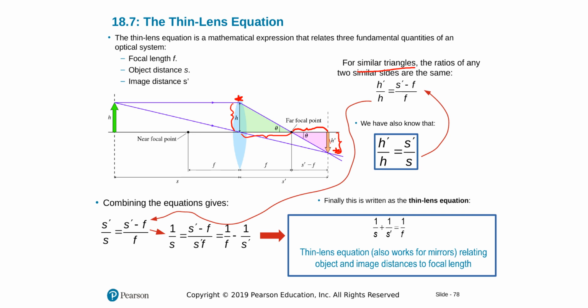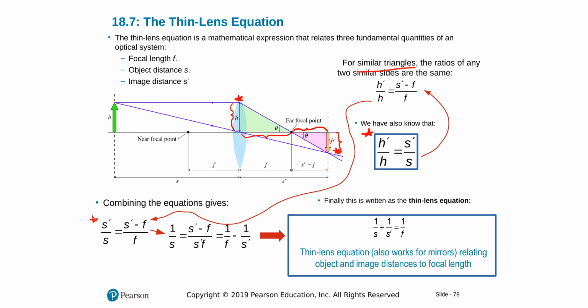Now we also know H prime over H is related to S prime over S. So replacing here, carry this down, I'll have S prime over S is equal to, notice this distance is S prime, this is S prime minus F, this is F, so I'll have this equation here.